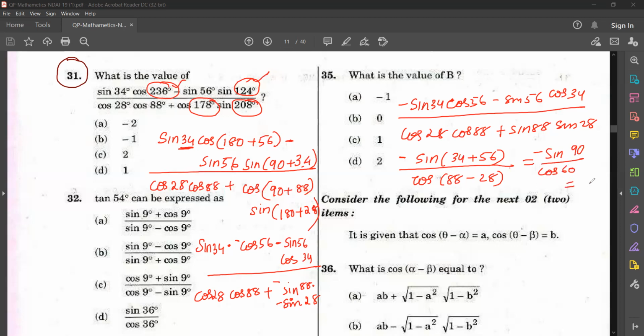Sin 90 is 1. Cos 60 is 1 by 2. So the answer is negative 2. Option A is the correct answer.